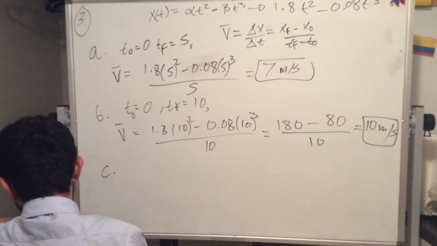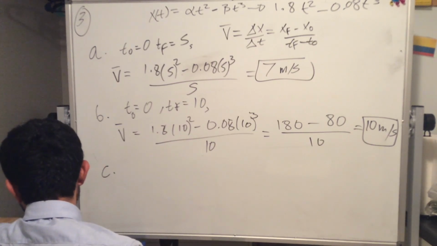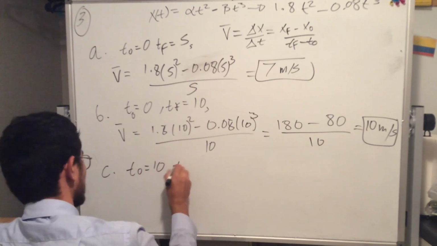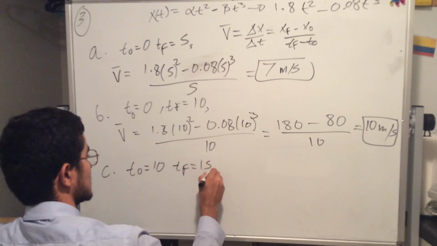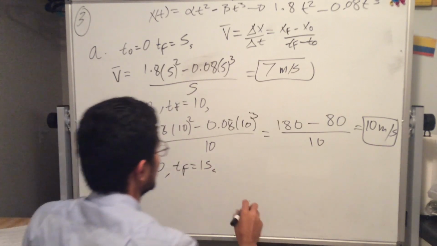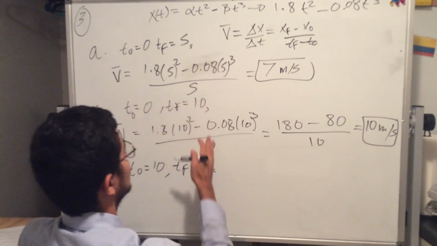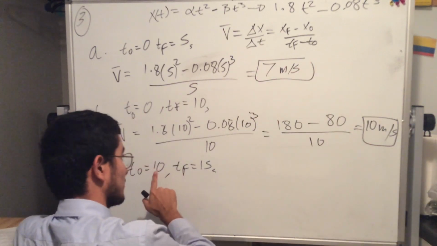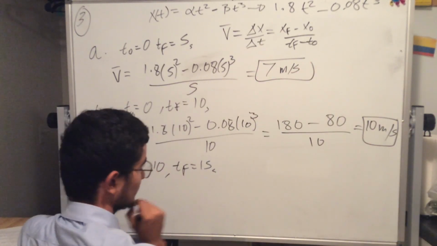Now for part C, we're going to have time intervals t0 equal to 10 and t final equal to 15 seconds. So now we have to subtract something, because when t equals 0 it's so easy, but right here we have t0 is 10.